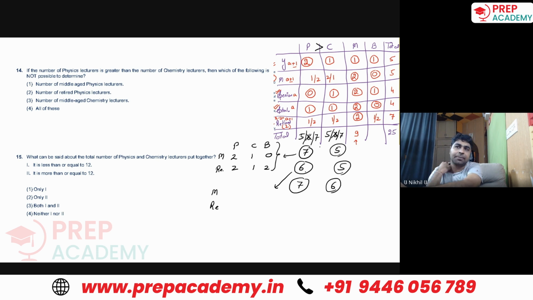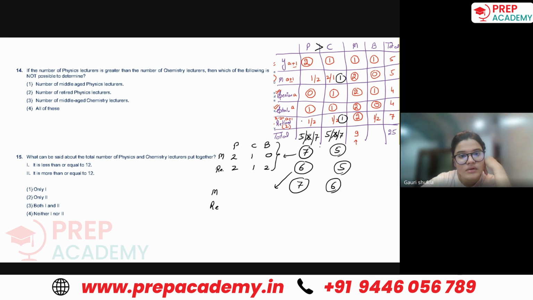then how will that be? 6 and 5. 6 and 5 means this is 1 and 1 for sure. And this data is getting only one extra value. So one extra value, it can get here or here.